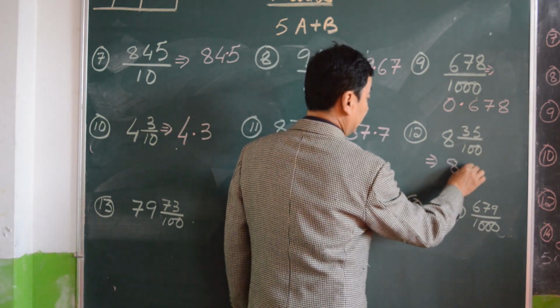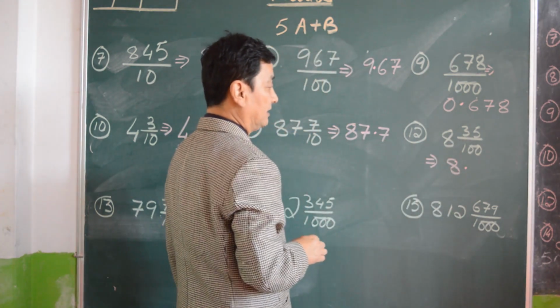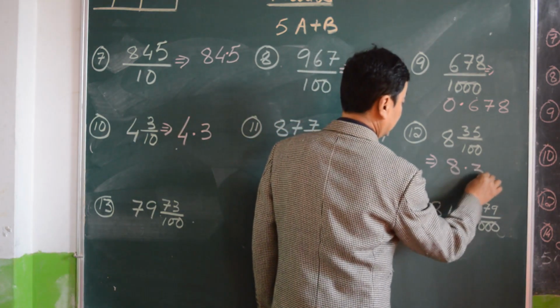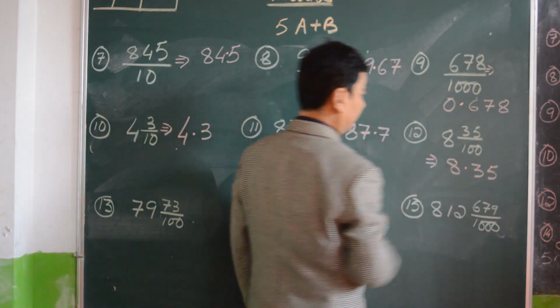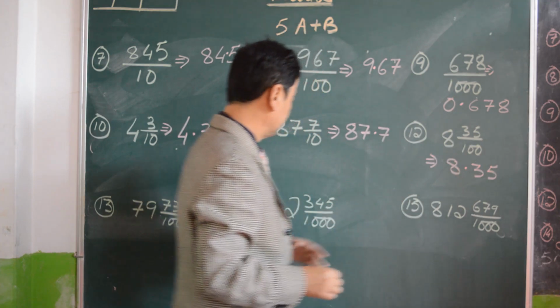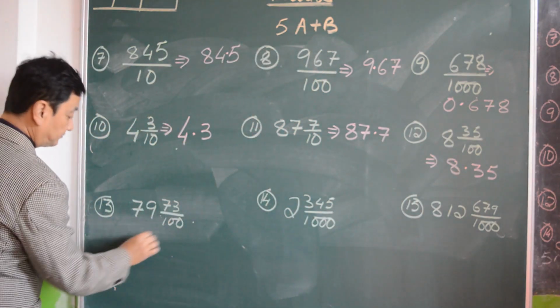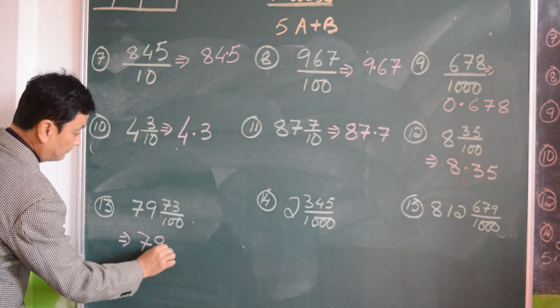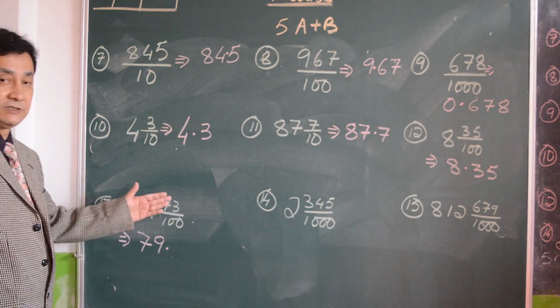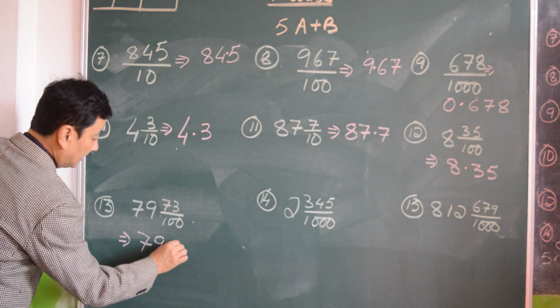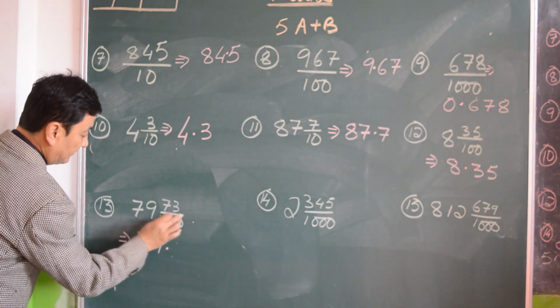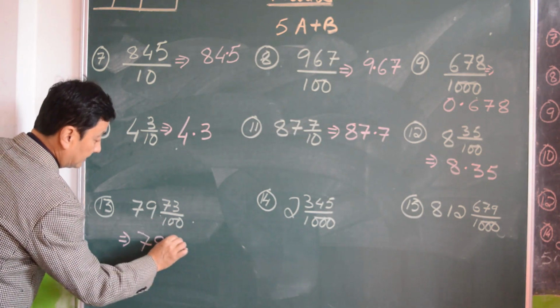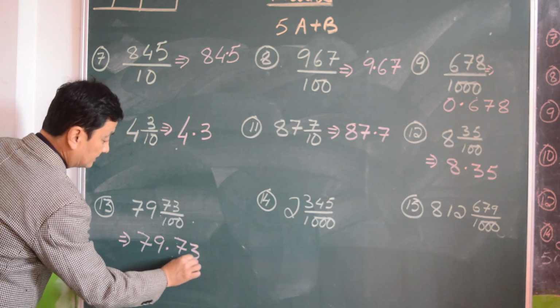I'm going to do it here. 8, as you see the fraction, put a decimal point. 35 hundredths. Let's have a look here. 79 and 73 hundredths. As you see the fraction, put a decimal point. 73.